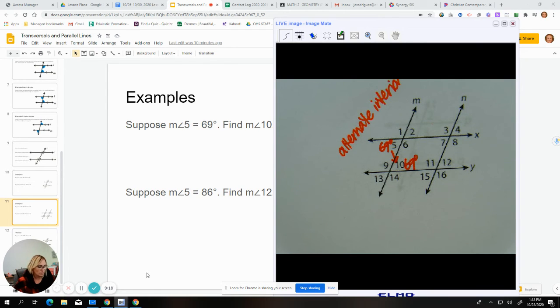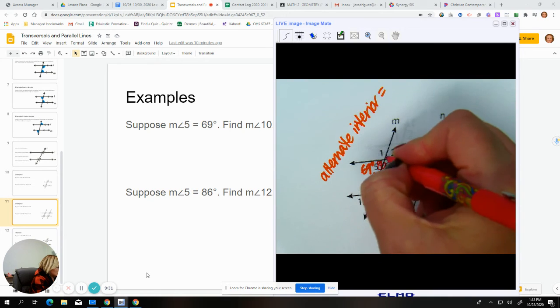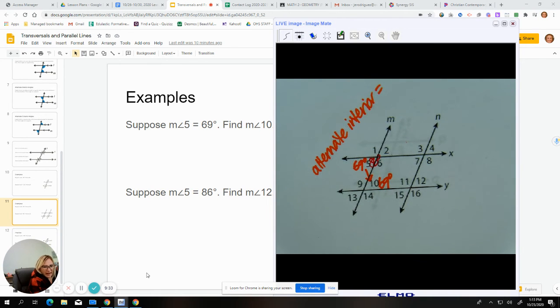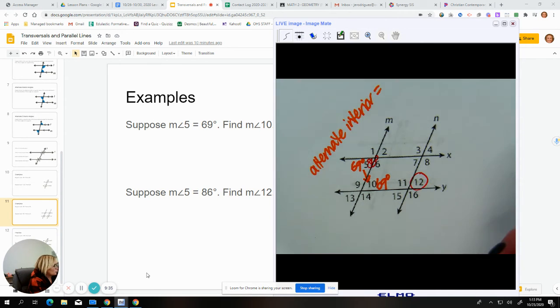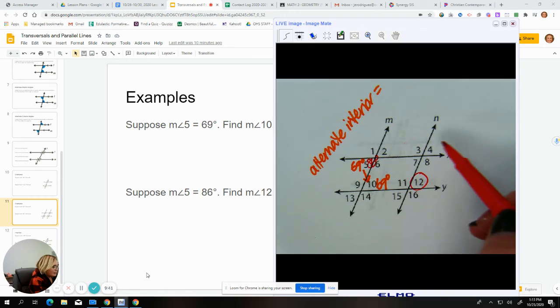Okay. So now we're going to use angle 5 again. And we are going to say that angle 5 is 86 degrees. And we need to know what angle 12 is. So you recognize that they're outside of the parallel lines.